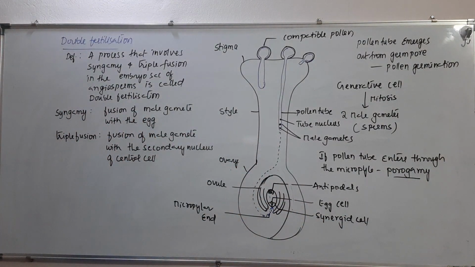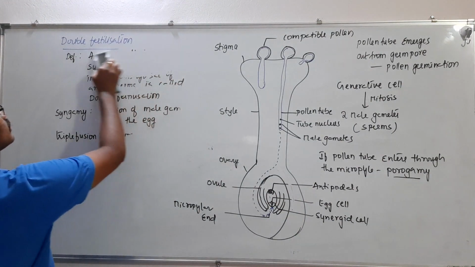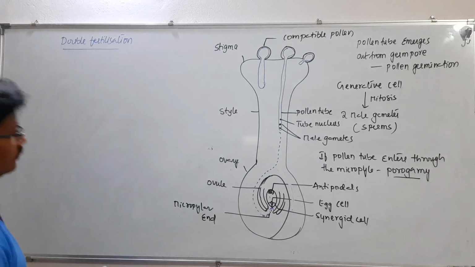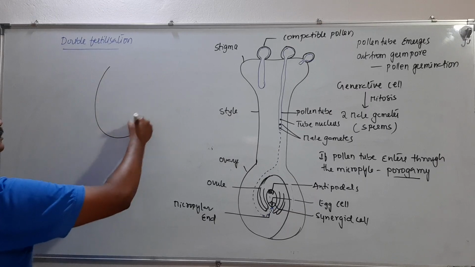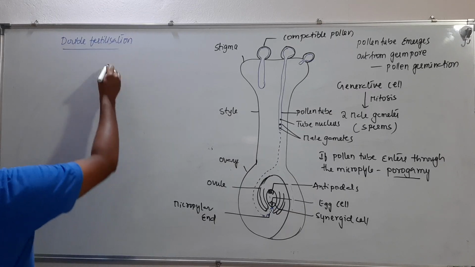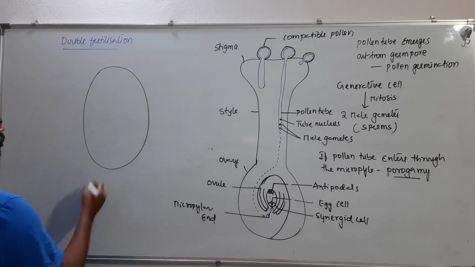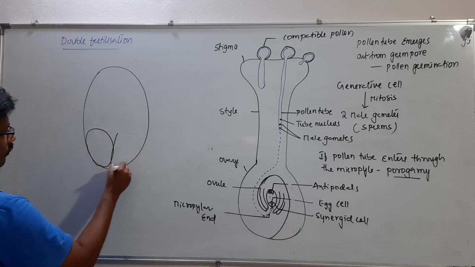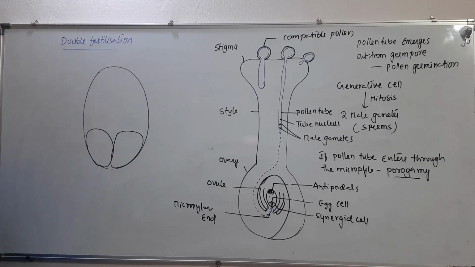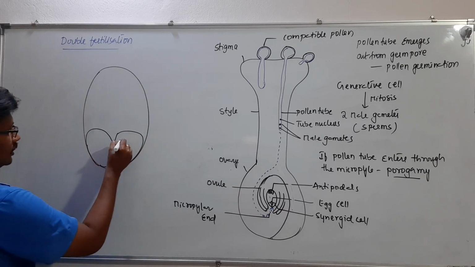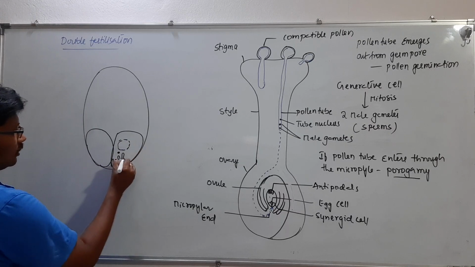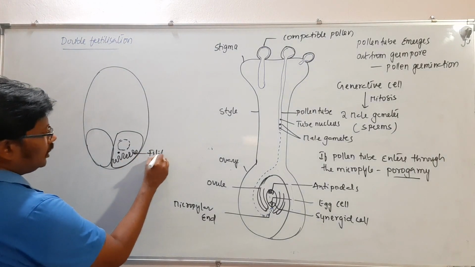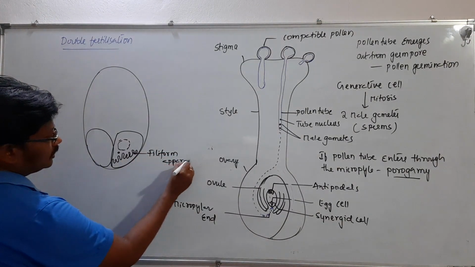Now we'll see a little enlarged portion of the embryo sac. Here you will find the synergid cells, with some finger-like projections, and they are called the filiform apparatus.